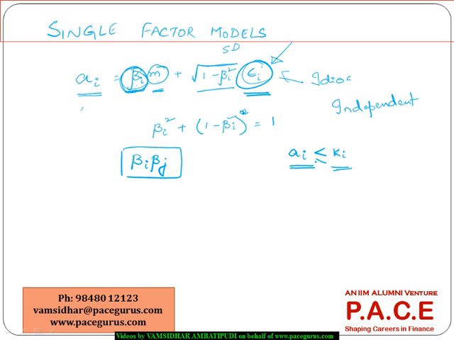But the moment the asset returns go lower than this K_i, which is a threshold value, the moment A_i goes below the threshold, and the threshold we are defining as the logarithmic distance. The threshold is generally defined as the logarithmic distance to the default asset value.